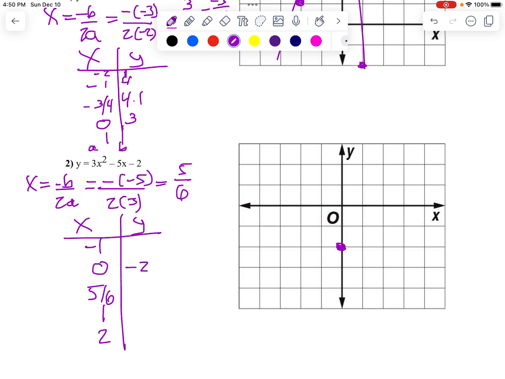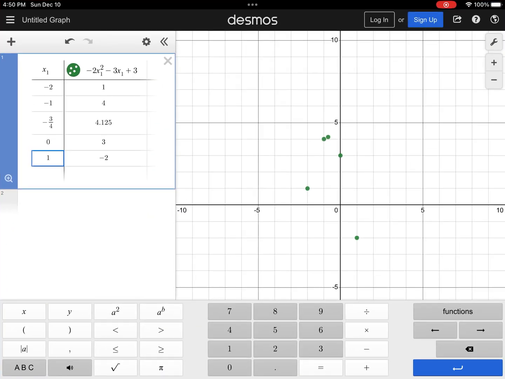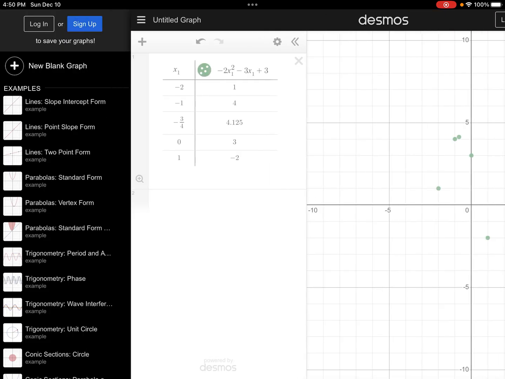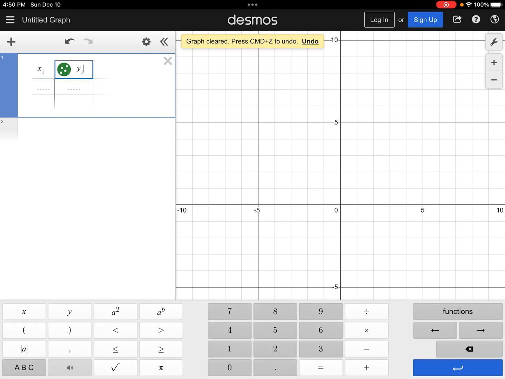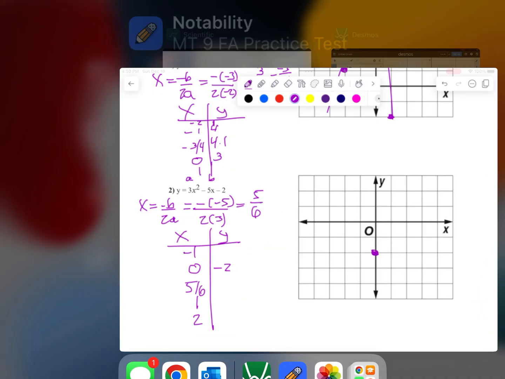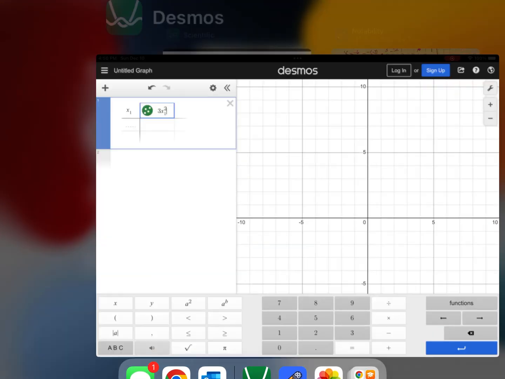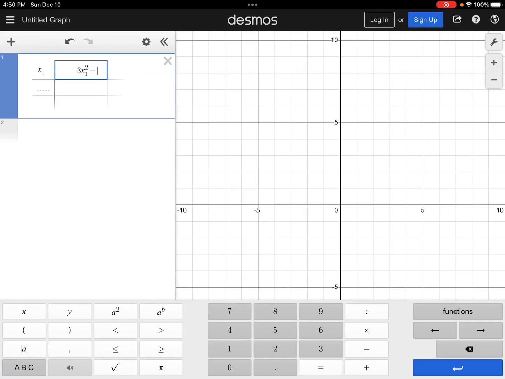Okay, then I'll go 1 and 2. And I think I'll make a table for this one too. So I'm going to go 3x squared minus 5x minus 2. And let's make a new graph completely. I'm terrible at remembering. I think it was 3x squared, don't forget your 1, and then minus 5x minus 2, so minus 5 x1 minus 2.